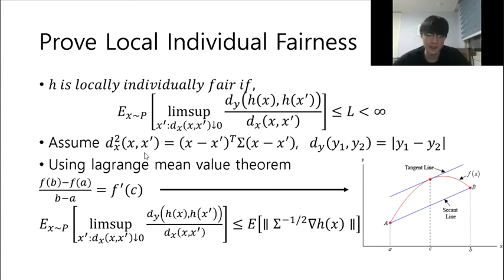Let's assume parametrics as the following equation, like this and this. Dx is actually Mahalanobis distance and dy is Euclidean distance. By using the Lagrange mean value theorem, the below equation is easily derived. The Lagrange mean value theorem is this one. You learn it in middle school or high school.